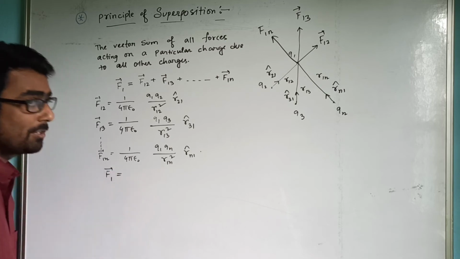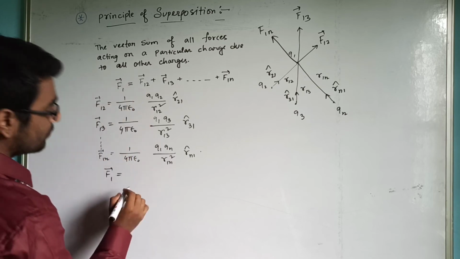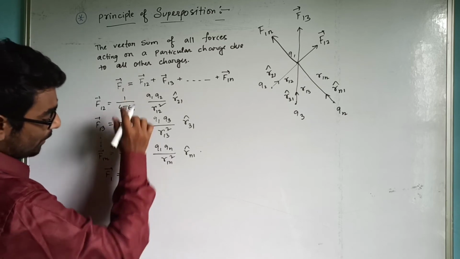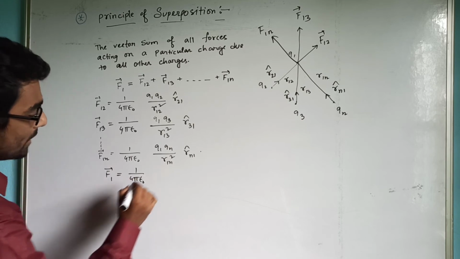Now what will be the expression for F1? F1 is the net force acting on the charge Q1. So for F12 and the others, we can take common 1 by 4 pi epsilon naught and Q1.